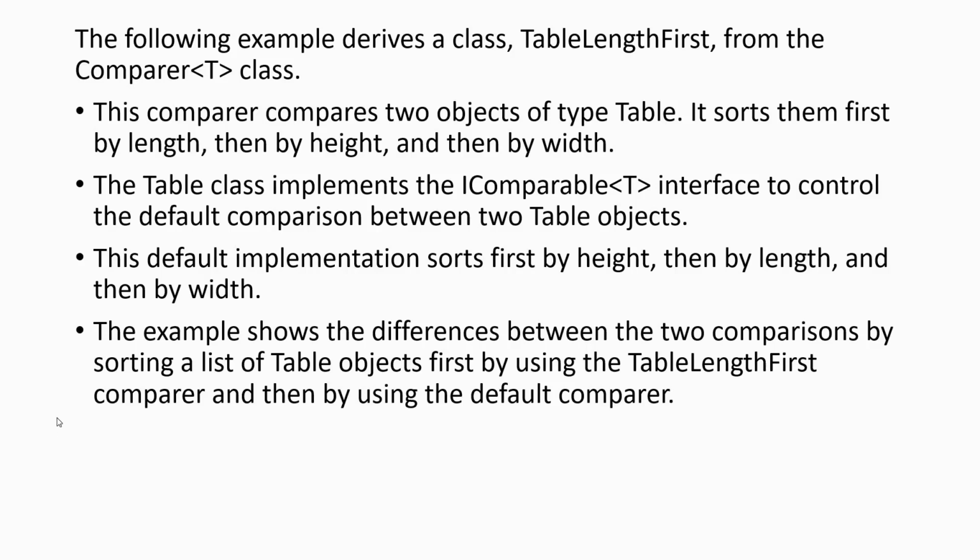Talking about generic collection classes in C#, Comparer<T> of any particular type is one of the great examples of a C# generic class.